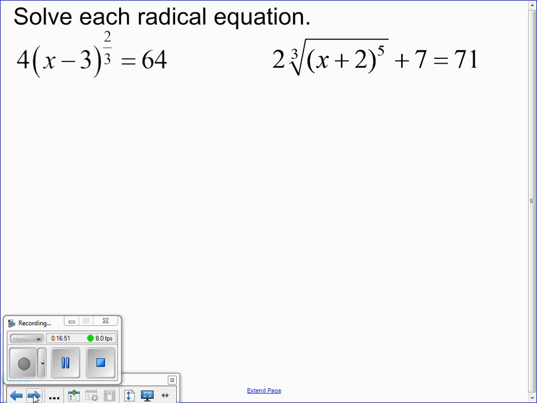All right. So, taking a look at all this, the first thing, you still want to isolate all of that. So what should you do first on that first problem? Divide by 4. Yeah, you want to divide by 4.